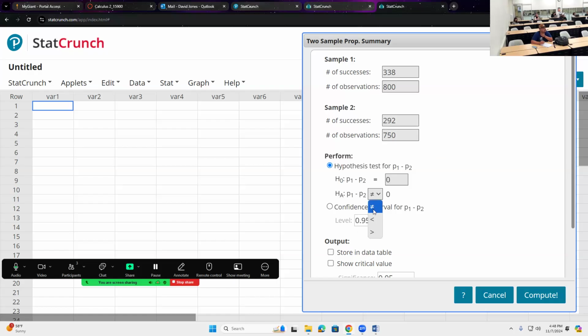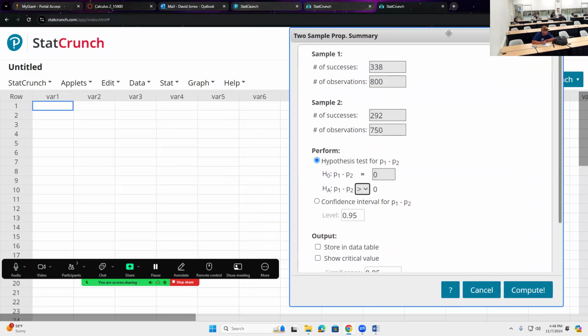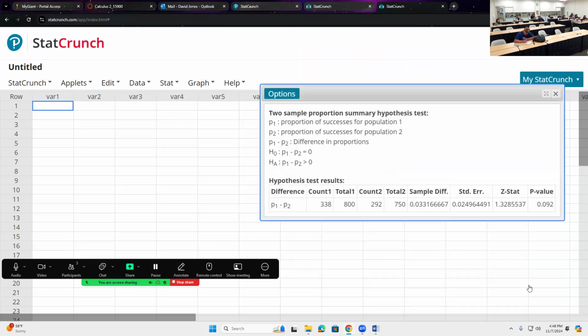We wanted to go with P1 minus P2 is greater than 0. So we have a Z-stat of 1.329, to 3 decimal places. The p-value is 0.092.